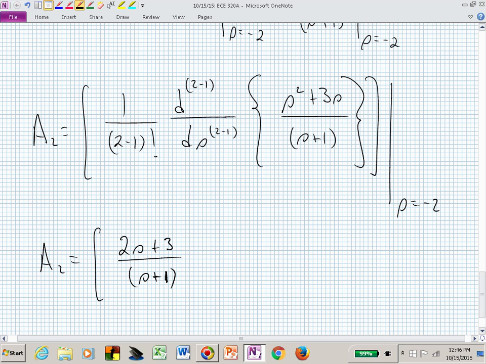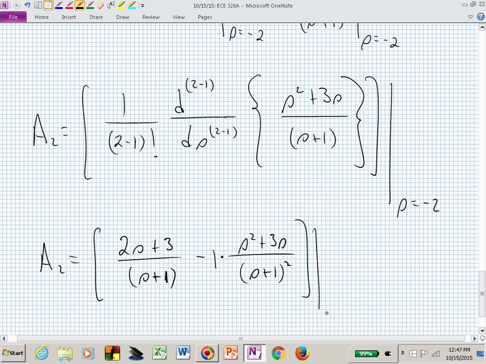And the derivative of the second is minus 1 times the first, and then we have (s plus 1) to the minus 2 times the derivative of s plus 1 with respect to s, and that's just 1. So maybe that's confusing, that minus 1 there.